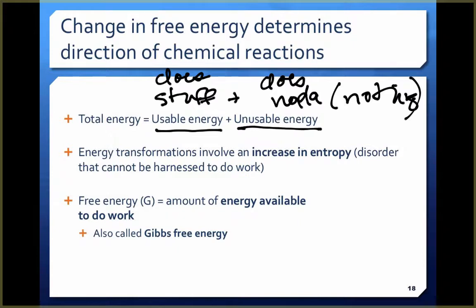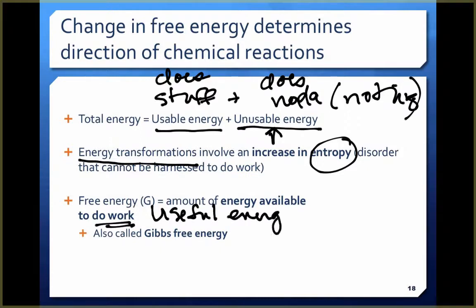That's the reason why energy transformations increase the amount of entropy or disorder, because you have this amount of energy that's completely unusable. Energy that's available to do work, or to be useful, is what's known as free energy, specifically Gibbs free energy, named for the person who postulated the theory behind this.